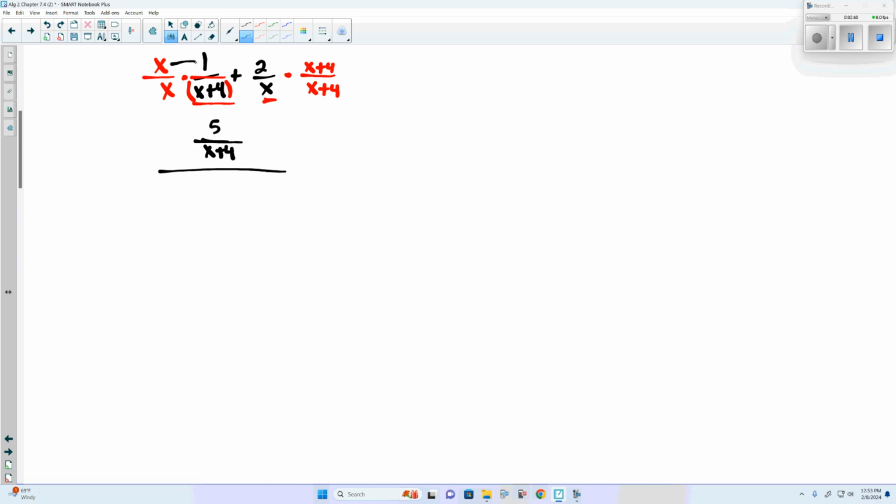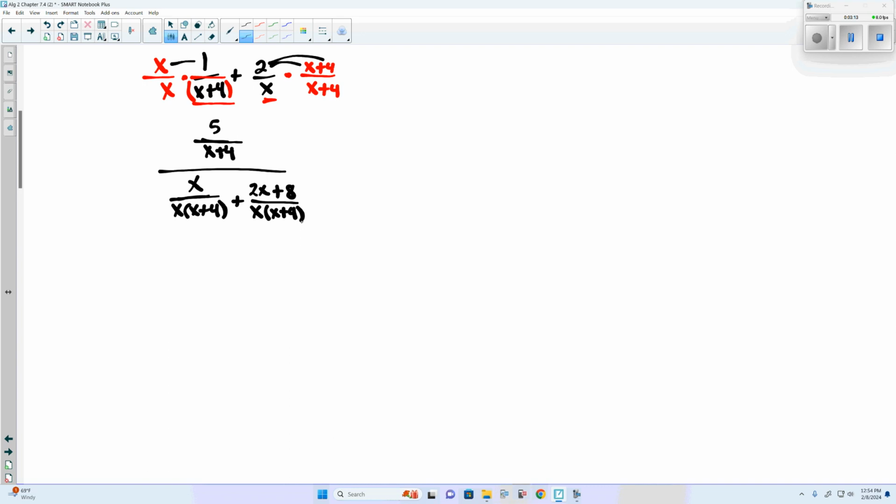This denominator, we're going to multiply our numerator: 1 times x is just x over x times x plus 4, plus our other numerator, 2. Well, 2 times x is 2x, and 2 times 4 is 8, over our x times x plus 4.